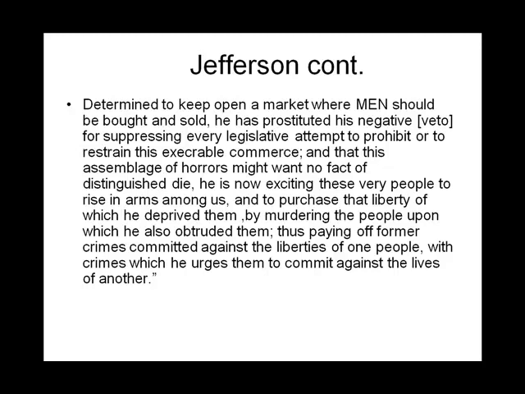The king had the power to veto legislation from the colonies. "He has prostituted his negative for suppressing every legislative attempt to prohibit or restrain this execrable commerce." In other words, he has refused to use his veto power to stop the trade.